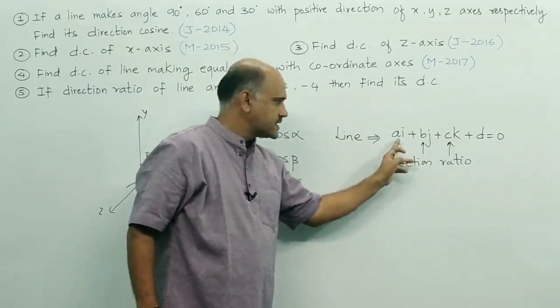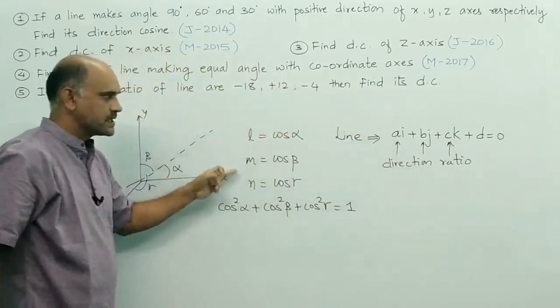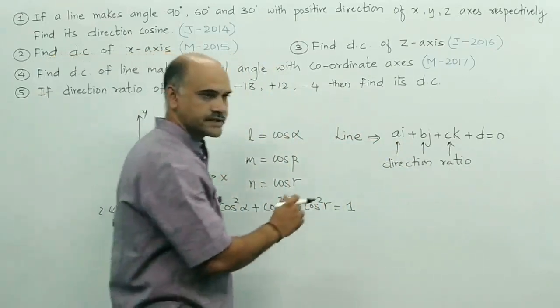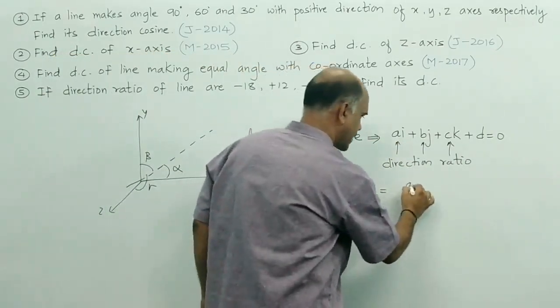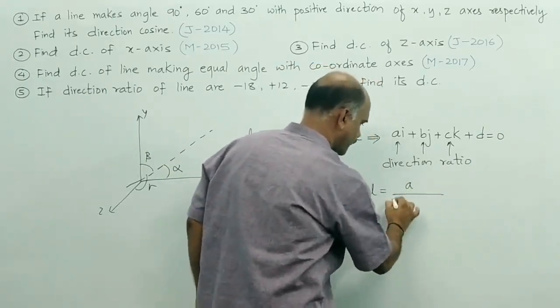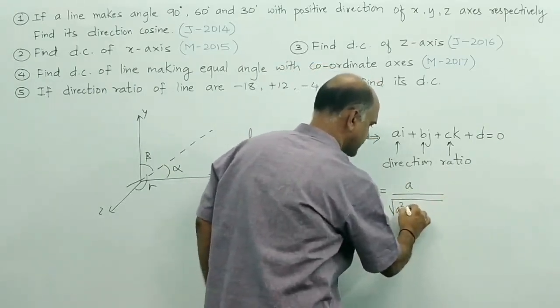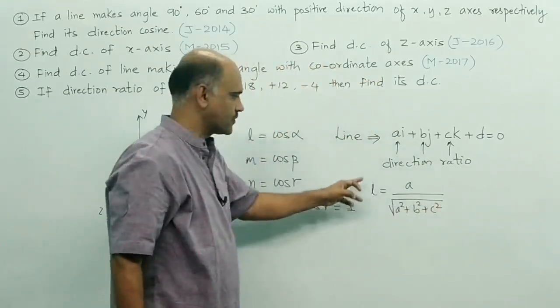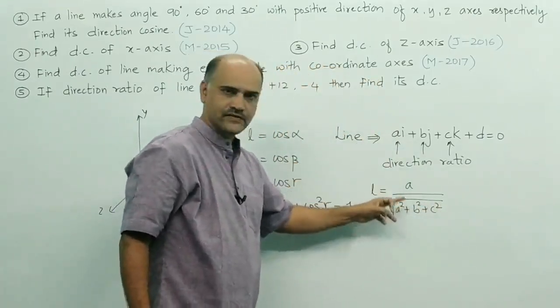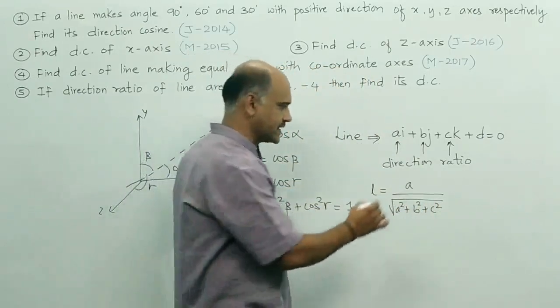Now there is a relation between direction ratio and direction cosine, that is L is equal to A divided by root of A square plus B square plus C square.